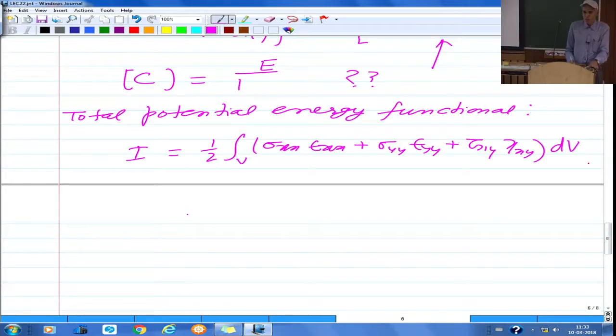Then the potential energy of external forces acting on the body. Now we are trying to write this for an element, so this integration is over the volume of an element.